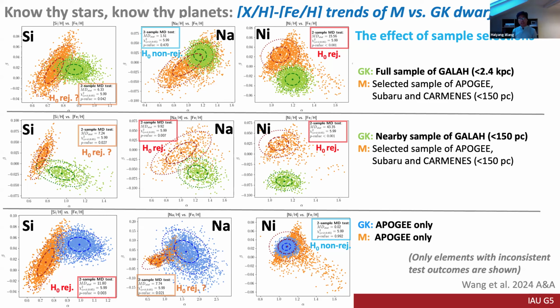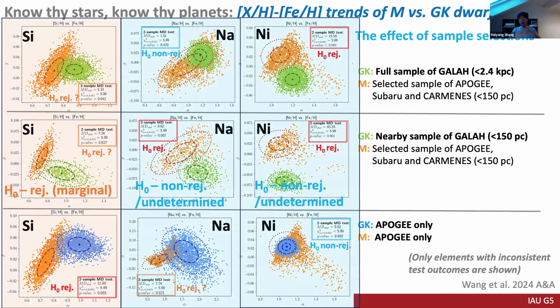So to be able to reach a conclusion, we actually combine all of these 3 different sets of tests, and for the silicon, we label it as the marginal rejection case by considering all the 3 different cases. And then for sodium and nickel, they would be either non-rejection or undetermined, because as you see in the red and blue, they show this conflict between the test outcomes.